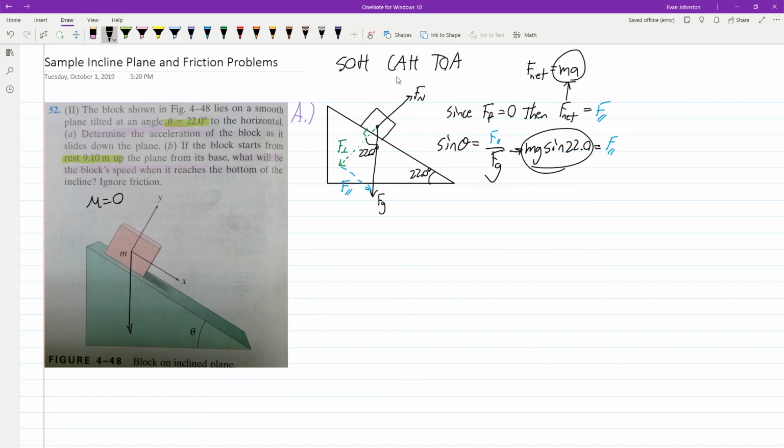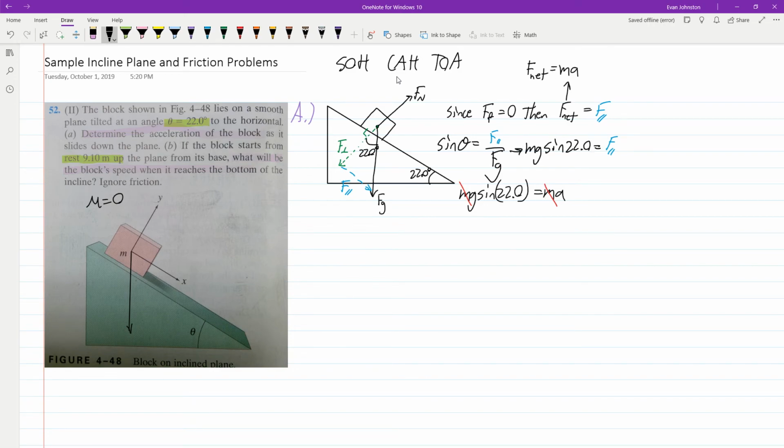So I'm just going to set these two equal to each other. I'll have mg times sine of 22.0, I should probably put some parentheses on it, is equal to mass times acceleration. And lo and behold, mass and mass cancel, which is pretty incredible, right? And now we know g is 9.8, so I can plug in, because we're being asked to determine the acceleration of the block. Now a is alone here, which is pretty convenient.